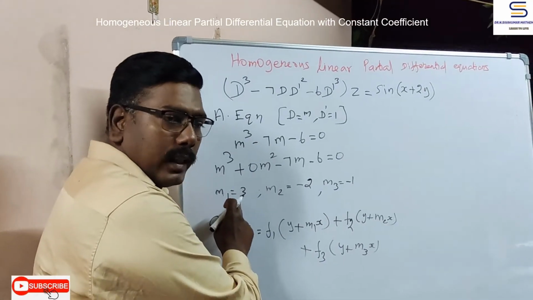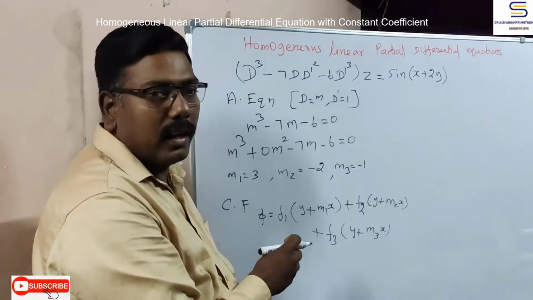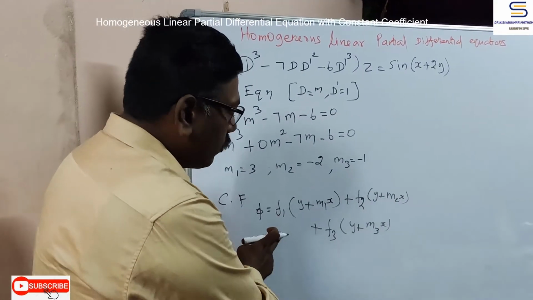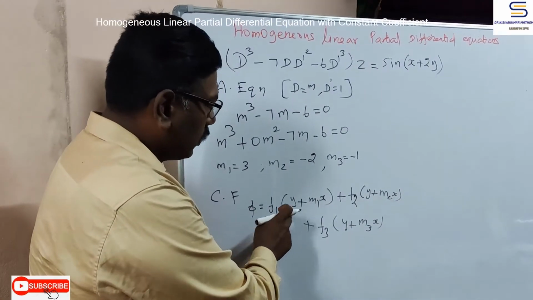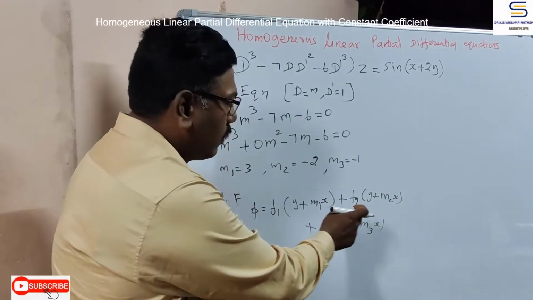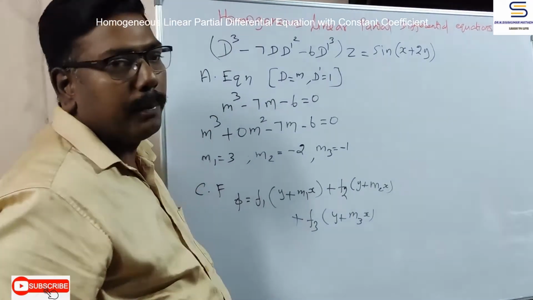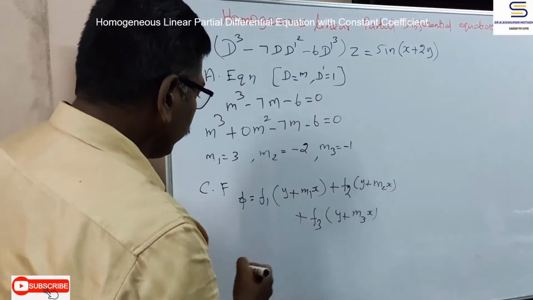Here we must note that the three roots are different and distinct. So the formula for CF is f1(y + m1x) + f2(y + m2x) + f3(y + m3x).